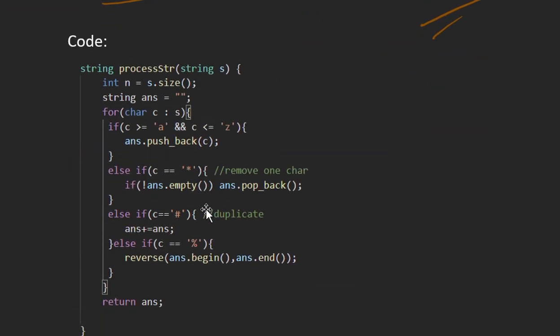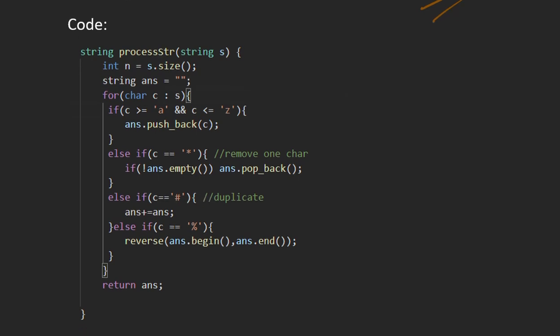So let's see the code part. Here we have taken our string answer and iterated over the string s. If we get a lowercase letter, we push that character into the answer. Else if we get a star, that means we have to remove one character, so we pop back from the answer.